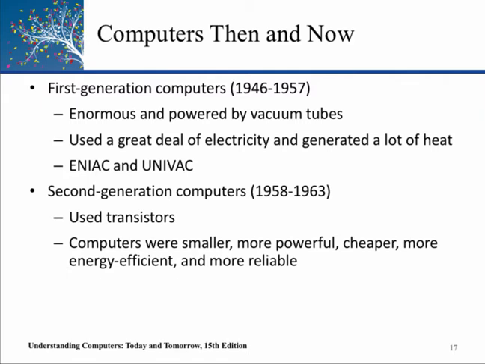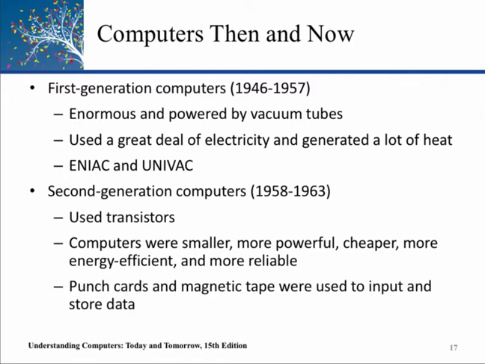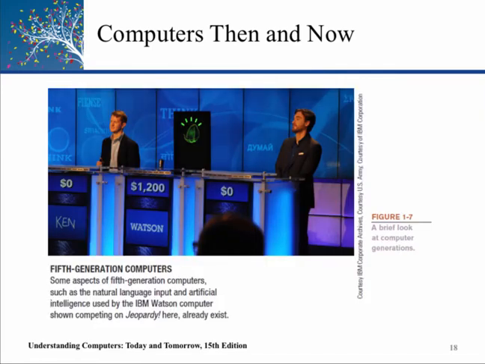Now, something to keep in mind is that if we skip ahead to now, the third and fourth generations were just quicker versions of what we were doing. But we did get the microchip and all that stuff. But when we get to the fifth generation, and this is now into the future, these are machines that are actually competing with us on game shows.